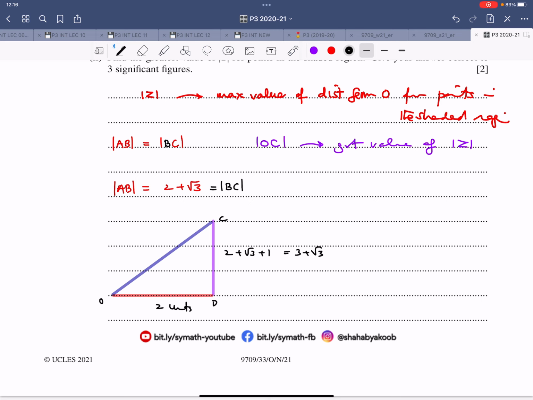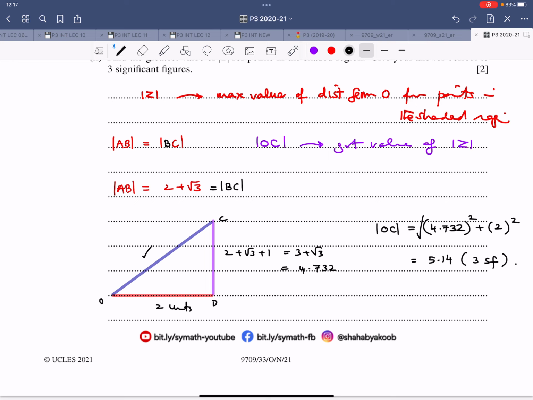Of course, you can use a calculator: 3 plus 1.732 is 4.732. I'm looking for OC. So the magnitude of OC is the square root of 4.732 squared plus 2 squared. When you use a calculator, the final answer comes out to be 5.14, correct to 3 significant figures.